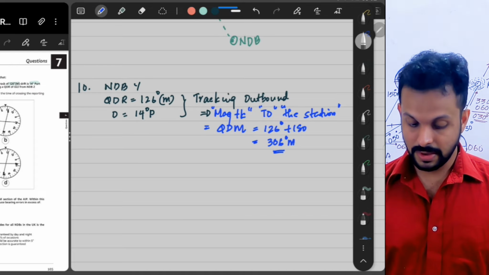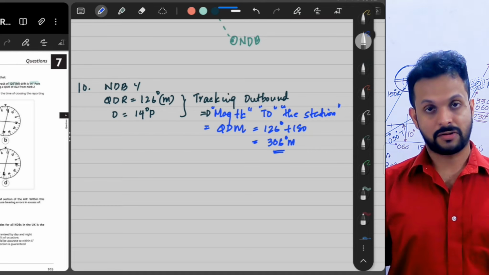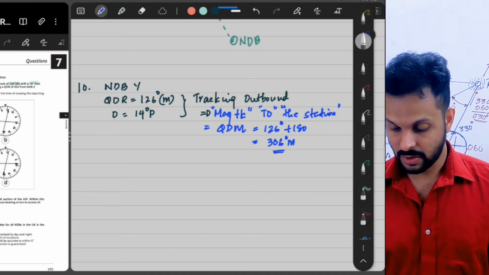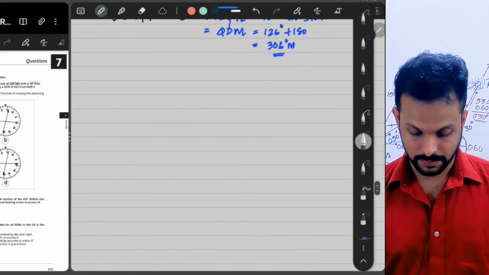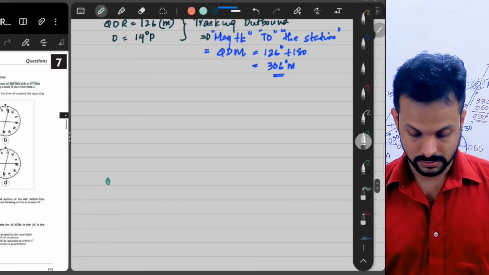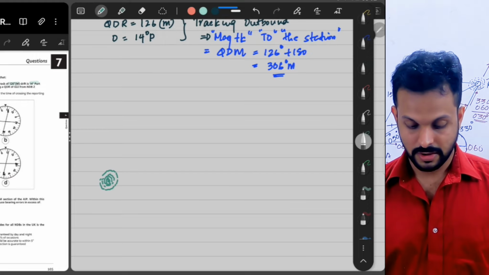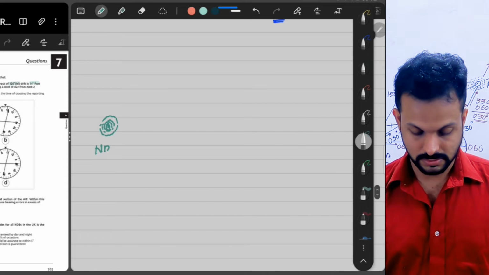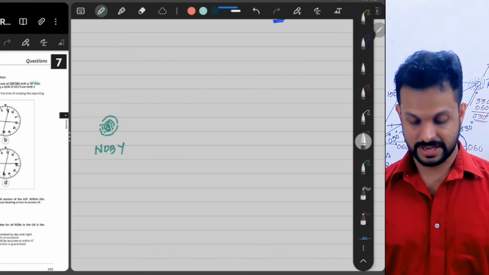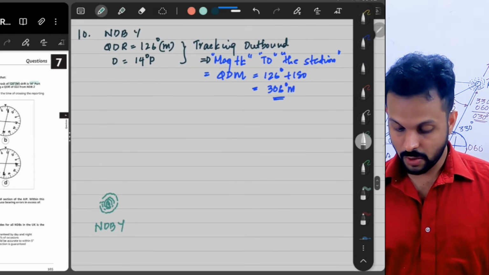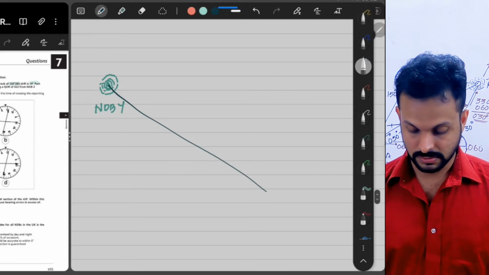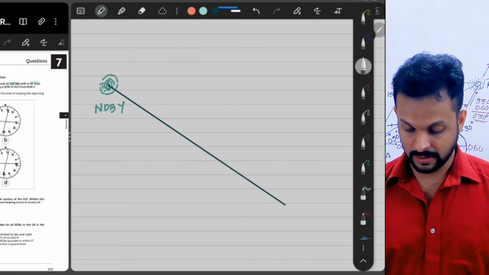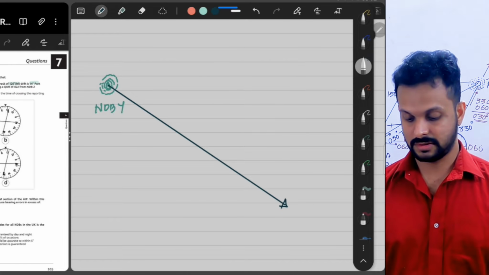So we have an NDB from where the aircraft is tracking 126 outbound, right? So let's draw the NDB here. Perfect. Now this is your NDB Y. We're looking at question number 10 here. So NDB Y, you're tracking outbound from the NDB on a QDR of 126. It's not the exact representation of the angles, as you would know.